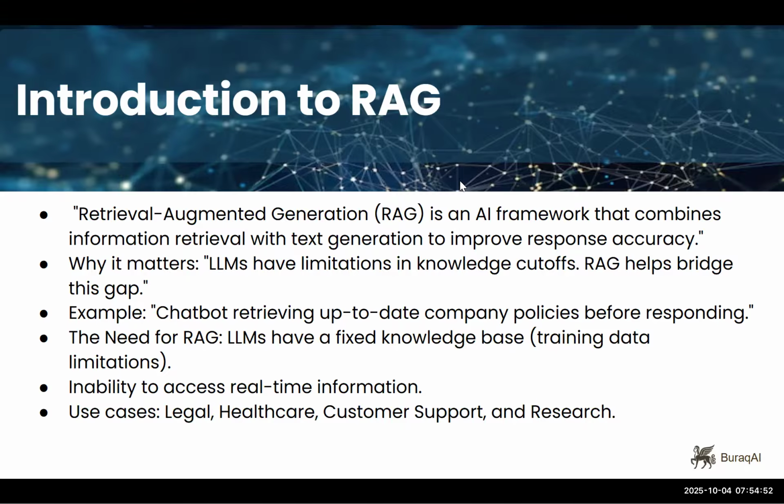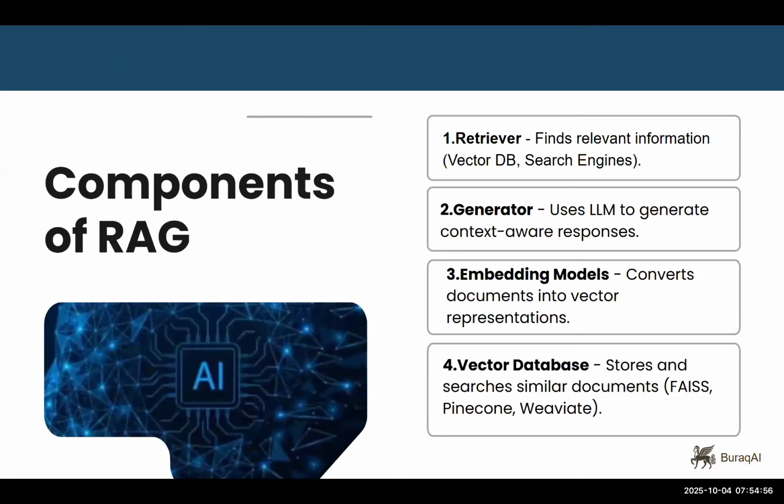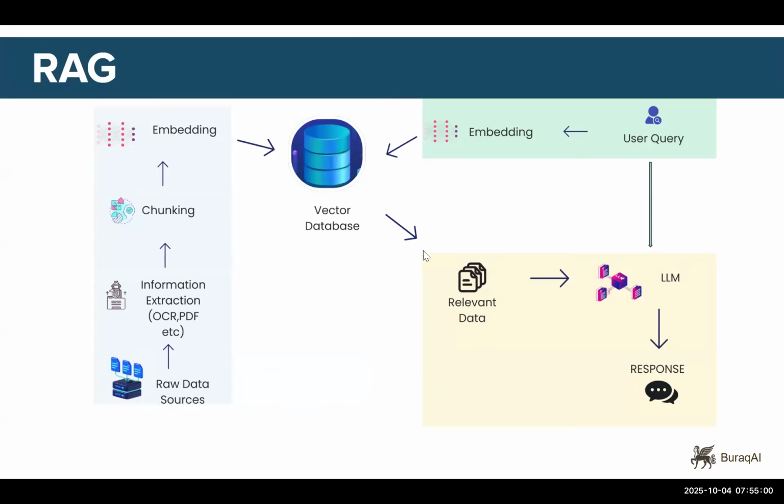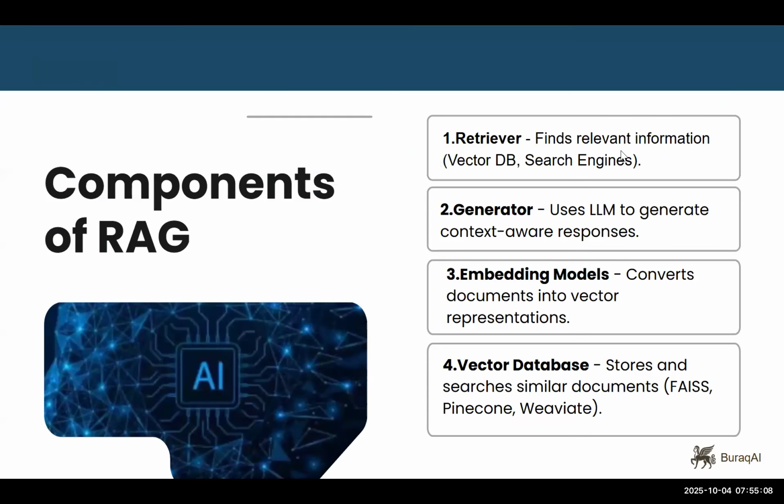But long story short, these are all the use cases we're talking about. So what are the components of the RAG we are looking at here? Retriever: it searches the vector database and gets the relevant information, basically your vector DB and search engines.